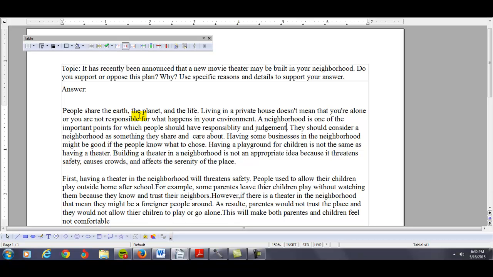It means people should have responsibility and judgment for a neighborhood. They should consider a neighborhood as something they share and care about. Having some businesses in the neighborhood might be good if the people know what to choose.